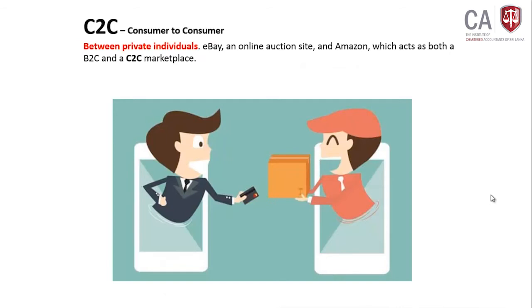C2C, consumer to consumer: a consumer selling to a consumer, between private individuals. Examples are eBay, online auction sites, and Amazon, which act as both B2C and C2C marketplaces. On eBay you can also register as a business and sell to people, or else people will publish their things to be sold, and then someone else will take and sell them. Likewise on eekman.lk and other sites, they do the same thing.